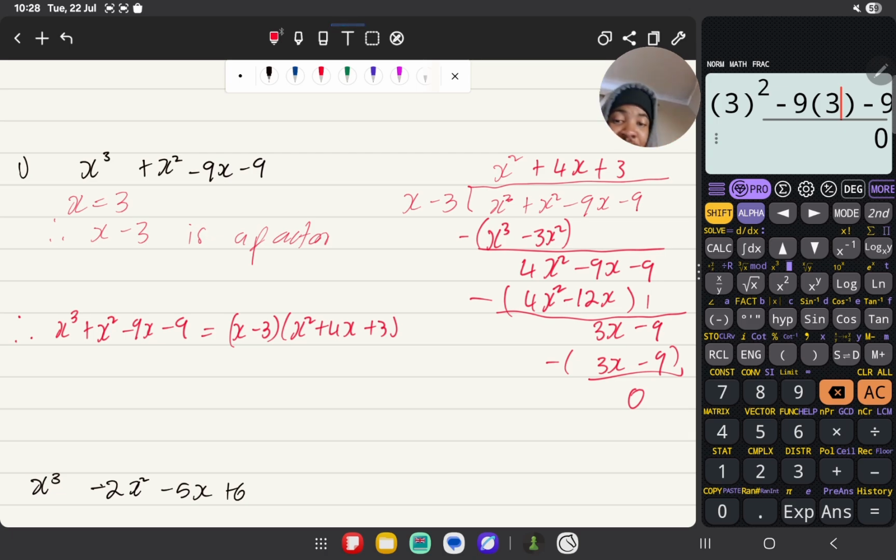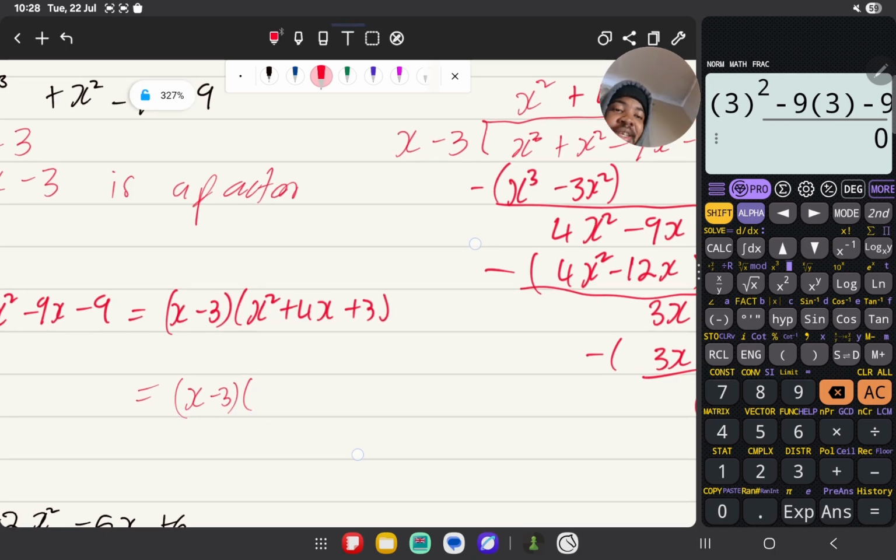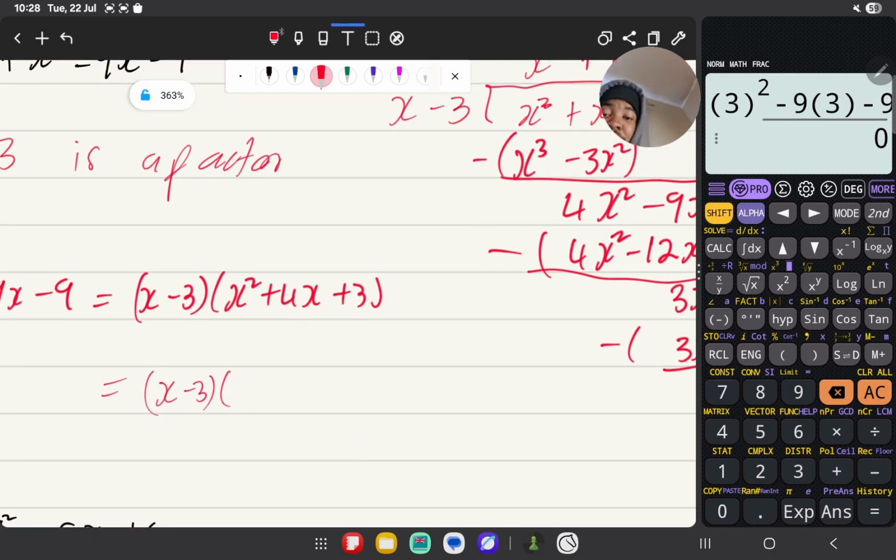So now you can focus on this bracket just to see if we can further factorize this or not. And the nicest thing is we have done factorization of trinomials a couple of times, so this one won't trick us.